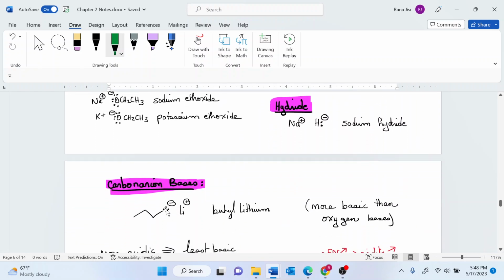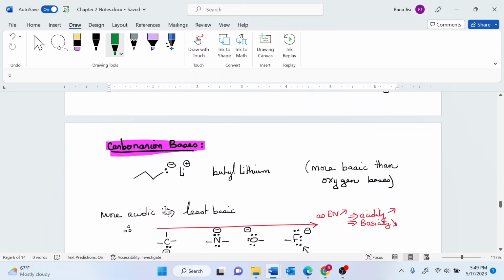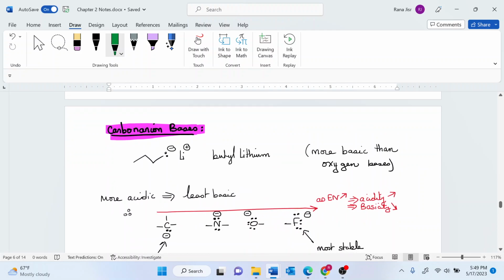The most basic base is the one where the negative charge is on the least electronegative atom, because the trend of basicity is the opposite of acidity.